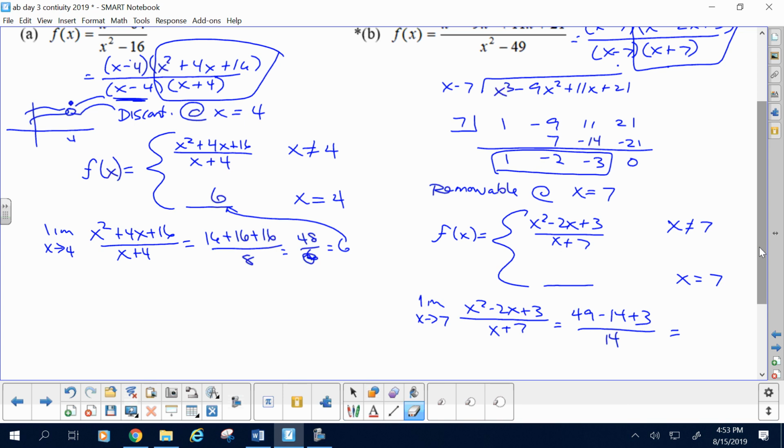I have an error there. You probably were shouting that the whole time. This is minus 3, yeah? Minus 3, minus 3, minus 3. So 49 minus 17 is 32 over 14. That's 16 over 7. And that doesn't reduce. So to fill the hole, we would use a y value of 16/7. We fill the hole at x equals 7.